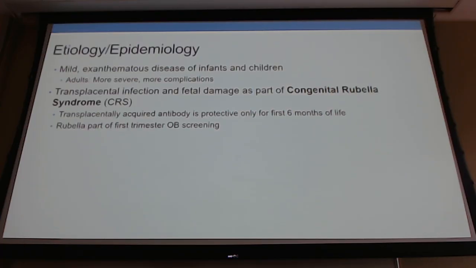There are also some things that we vaccinate against, not because it's bad for the kid, but if the kid gives this to somebody else, it can be devastating. And that is the case for rubella. So rubella is pretty mild to most children, but devastating if you get it when you are pregnant. Okay? So we vaccinate children so that other people who are pregnant do not get rubella, so that they then do not get congenital rubella syndrome.